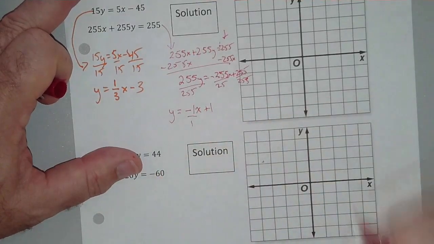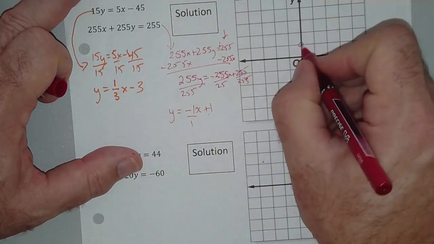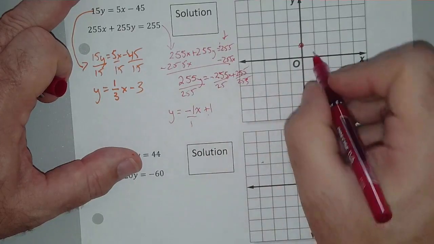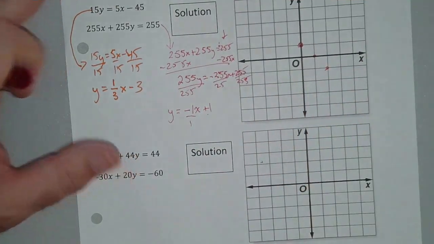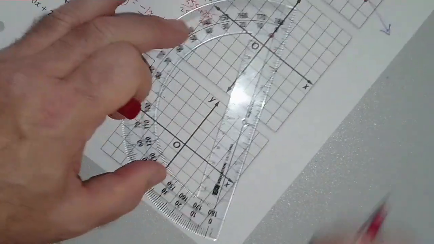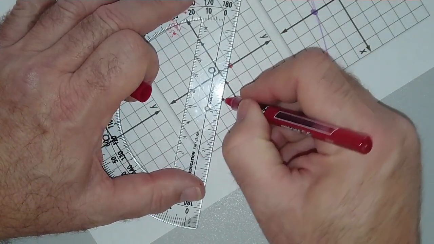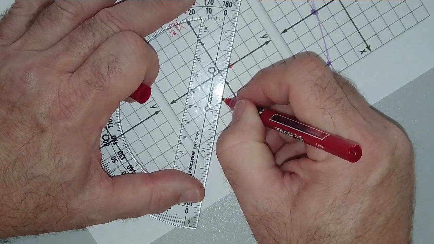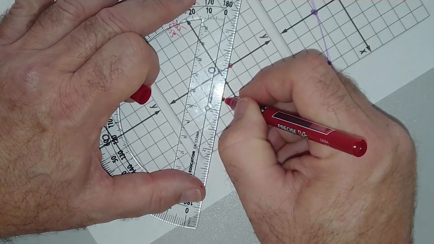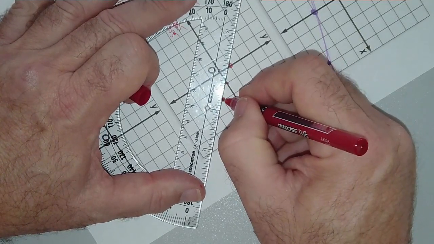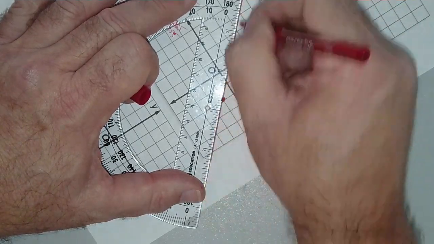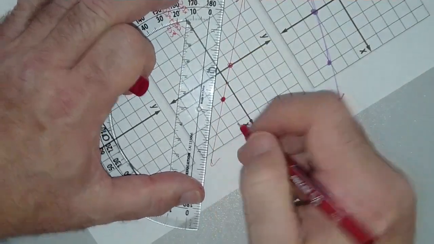We know this is a fraction like that, so let's graph this one first. There's positive 1. This says down 1, right 1, down 1, right 1, down 1, right 1. Let me get the protractor. And this time I'll turn the paper so I can get it straight up and down and not screw this up. The protractor doesn't seem very straight, frankly, when I'm looking at this. Pretty good.